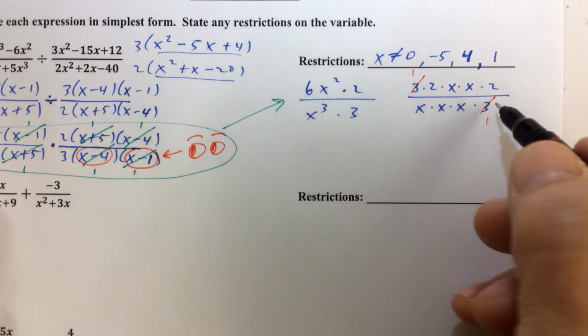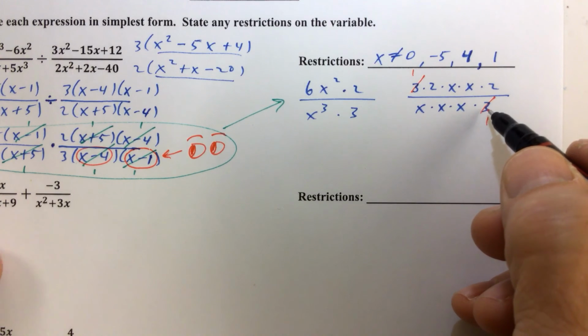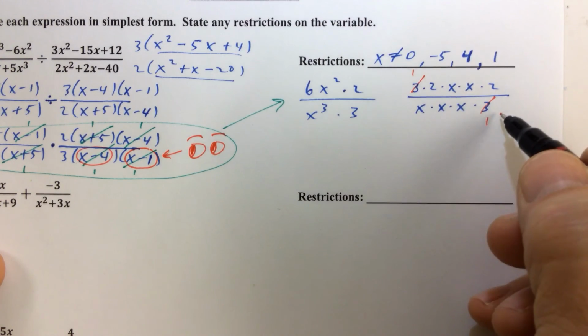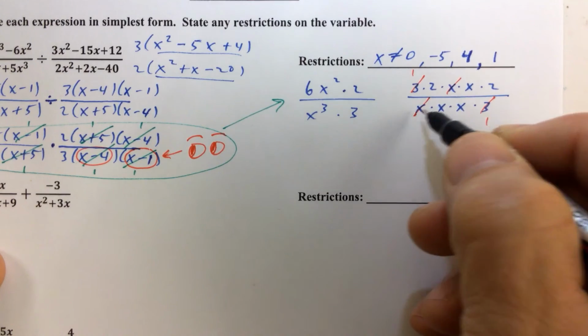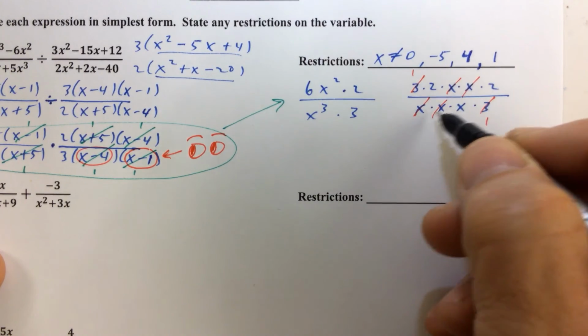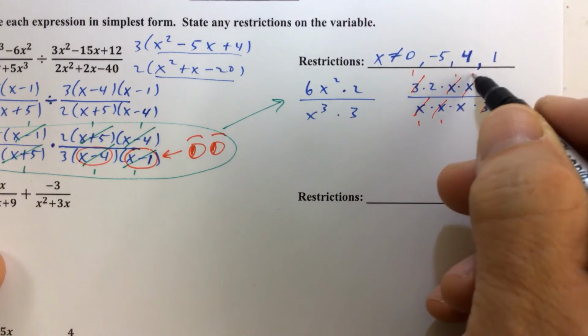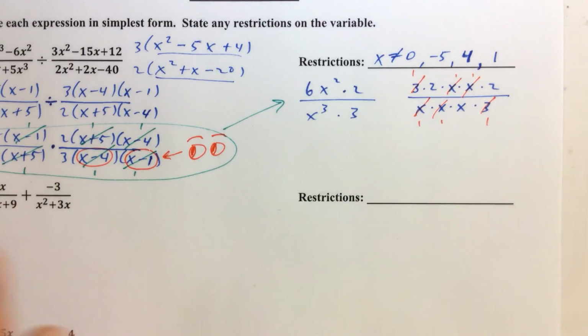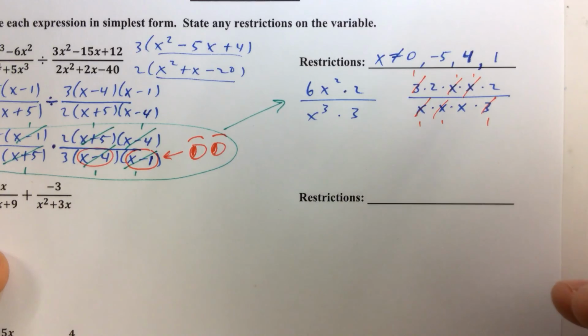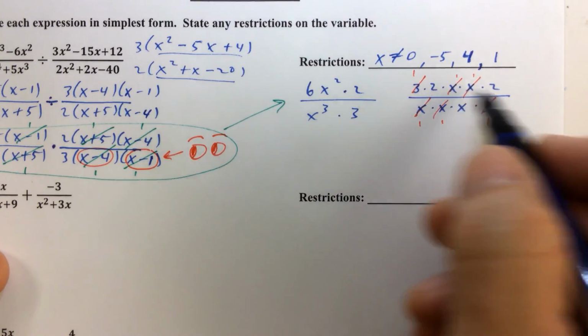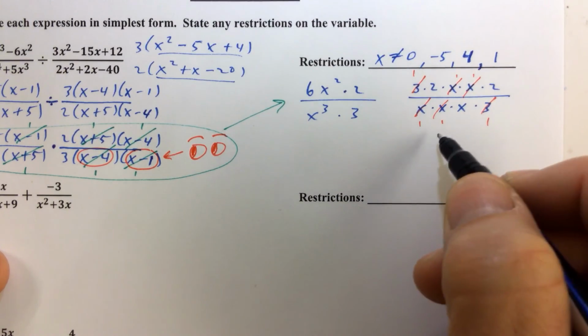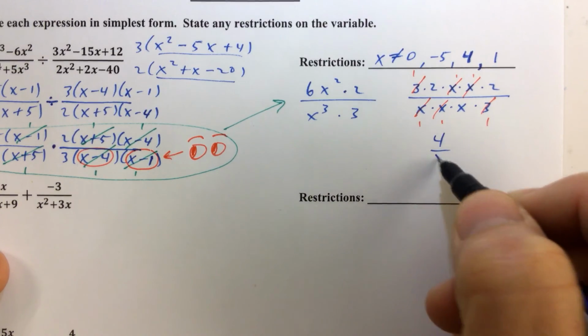So 3 divided by 3 is 1. X divided by x, those cancel. X divided by x, those cancel. And every time we cancel factors, we just replace them with a 1, because 1 times anything is the same thing, and anything divided by 1 is the same thing. So the only factors that don't get canceled are the 2's on the top and the x on the bottom.